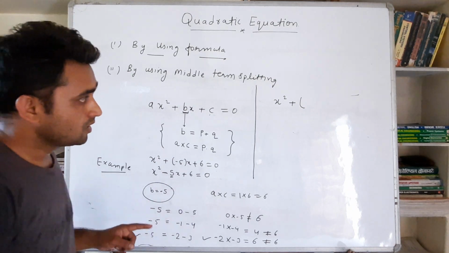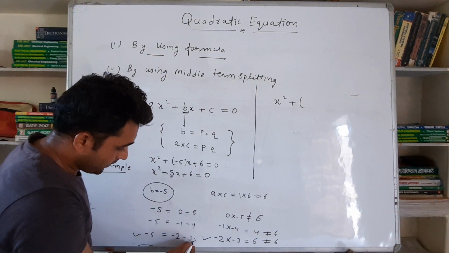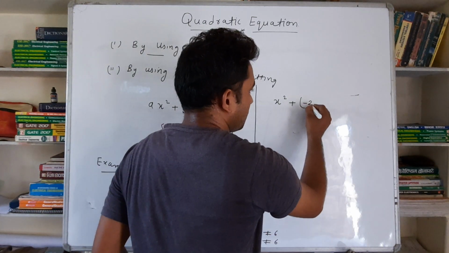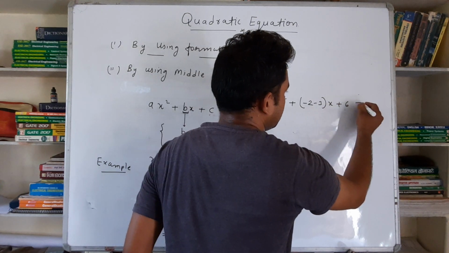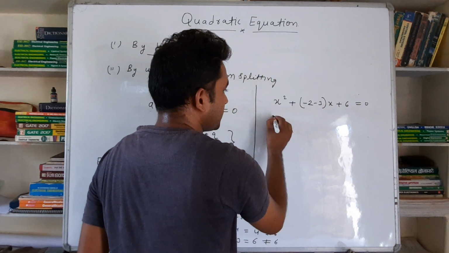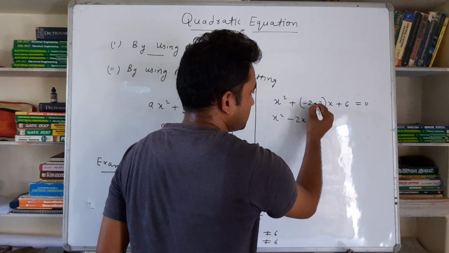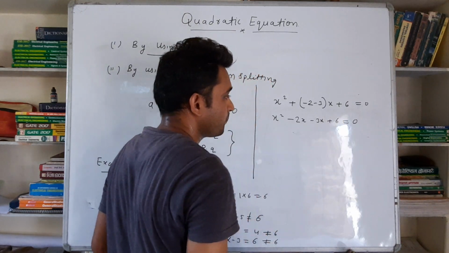These are the same things. So in place of minus 5 you can write minus 2 minus 3 into x plus 6 equals to 0. Now open the bracket: x square plus minus 2x plus minus 3x plus 6 equals to 0.